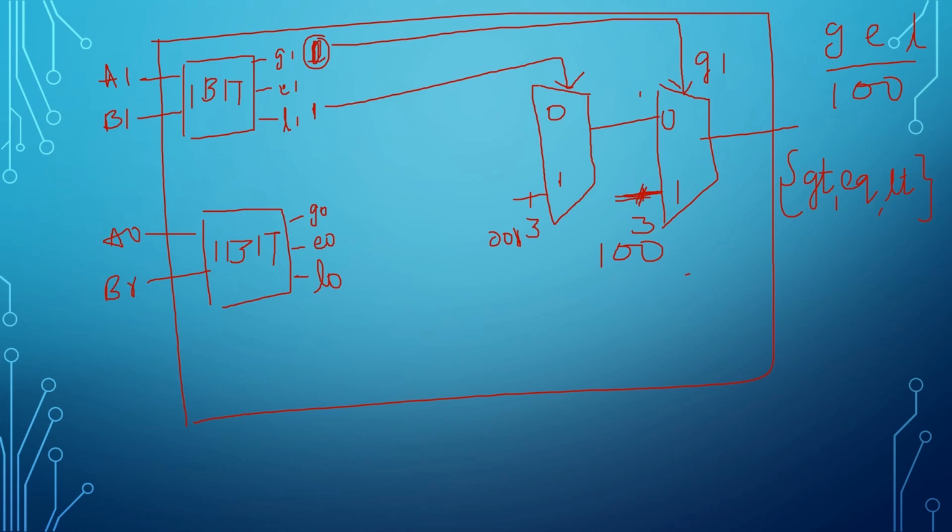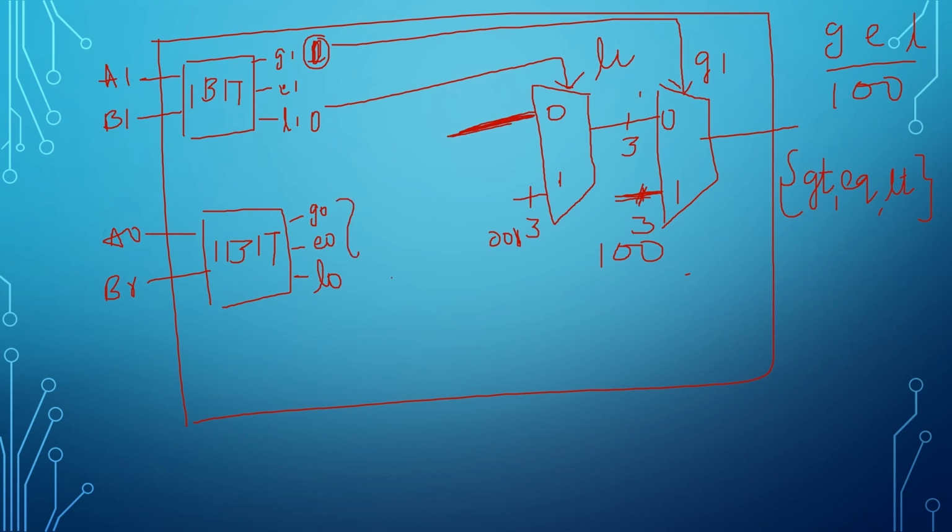That is when the G1 condition fails and L1 becomes 1, we get output 001. This is just 3-bit wide, that's why I am writing 3 here and here also.